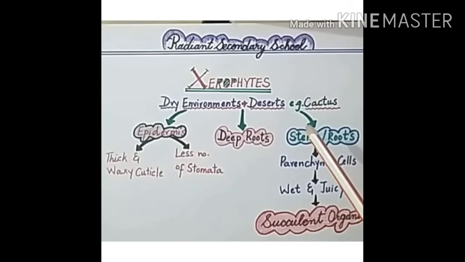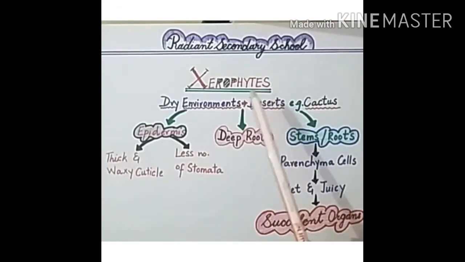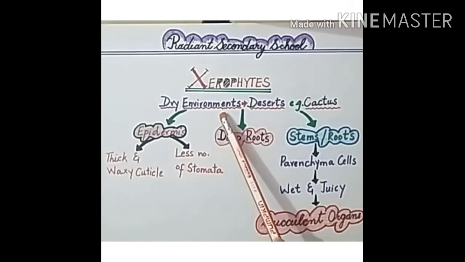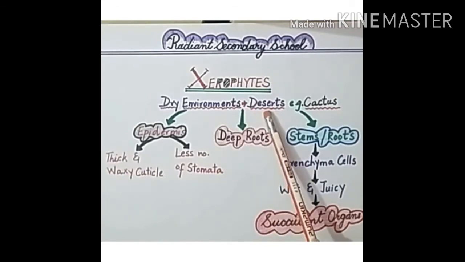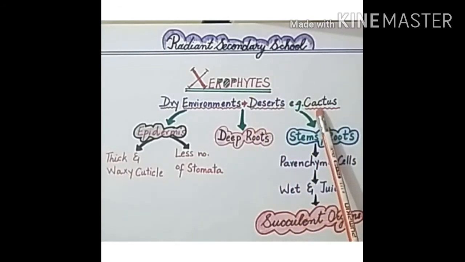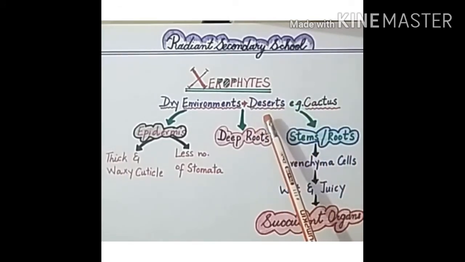Students, now we are discussing xerophytes. Xerophytes are the plants which are adapted to dry environments like deserts. The common example of such types of plants is cactus. For the survival in the dry environment, these plants also have various adaptations.